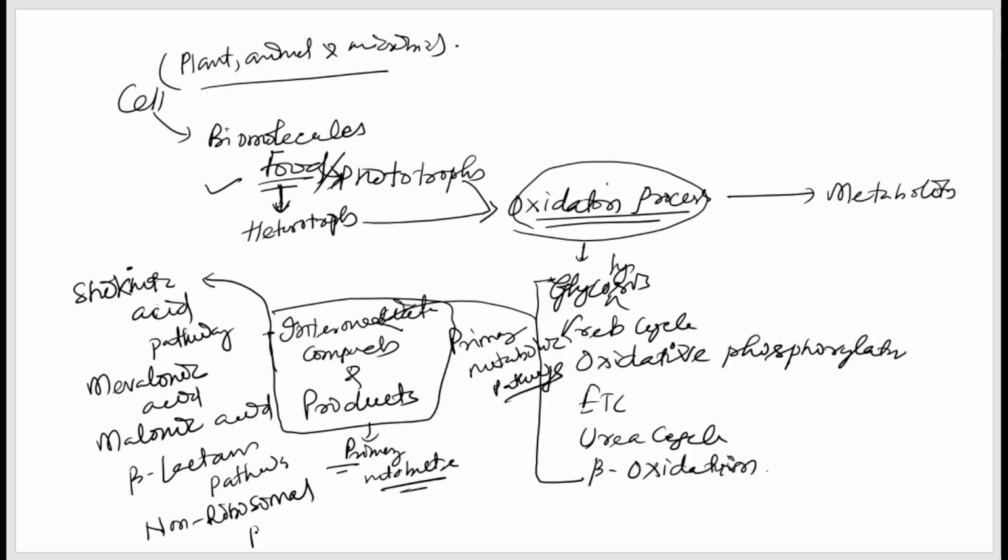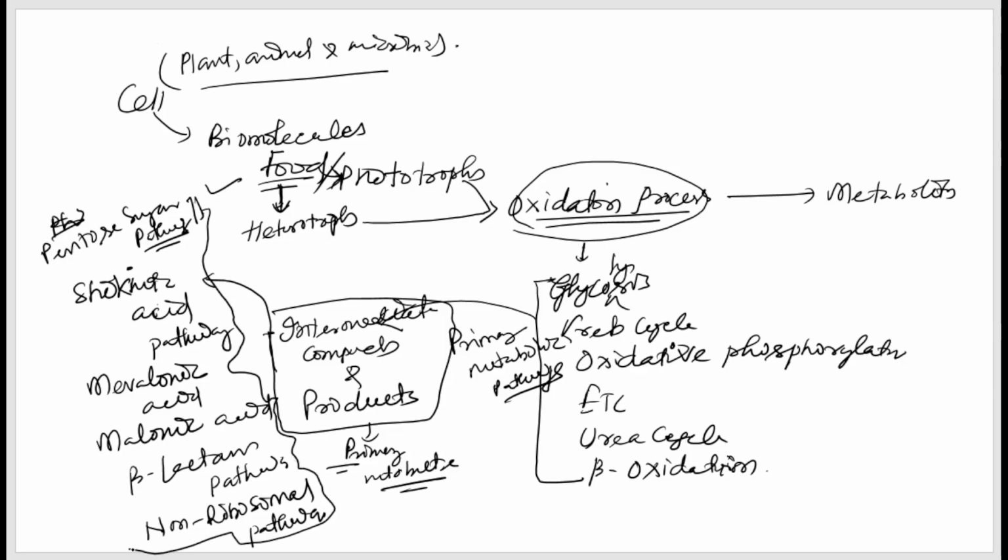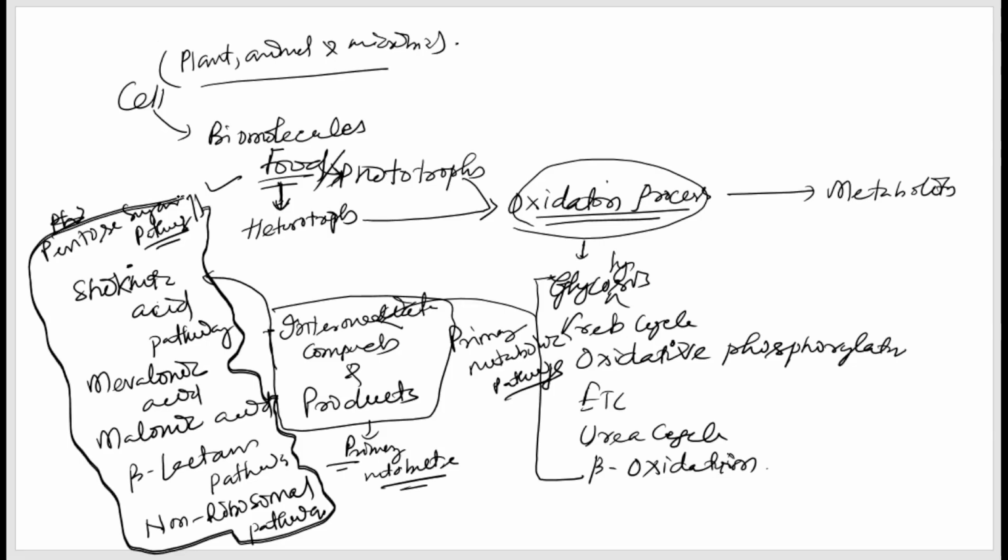Also, you can write here the pentose sugar pathway, found basically in humans. So all these pathways are called secondary metabolic pathways.